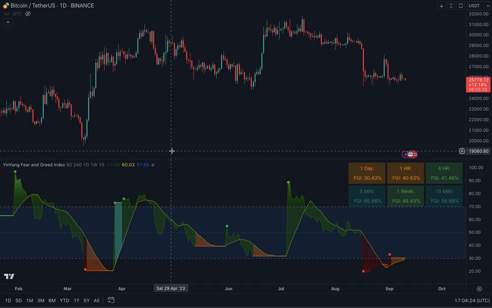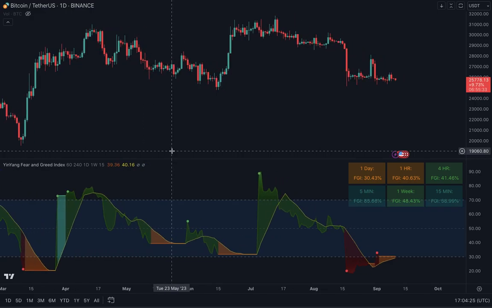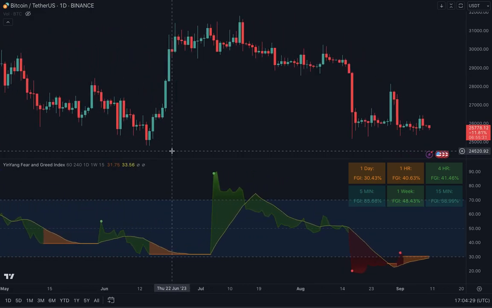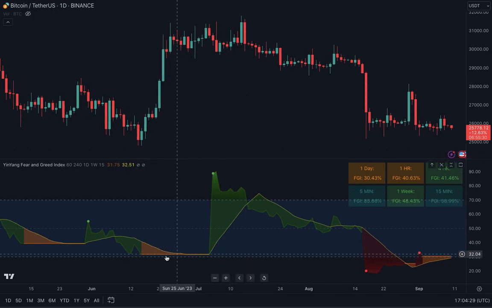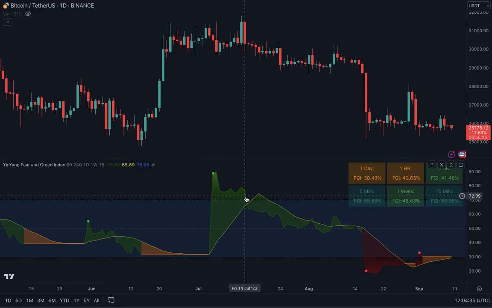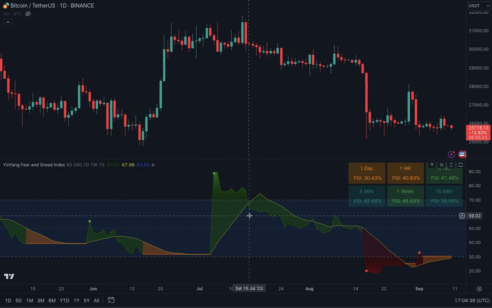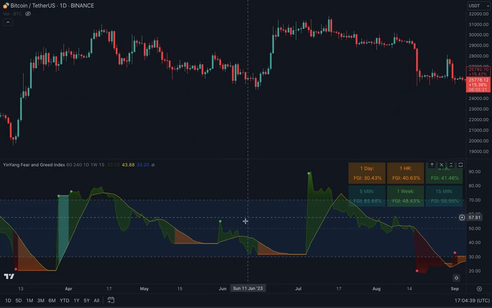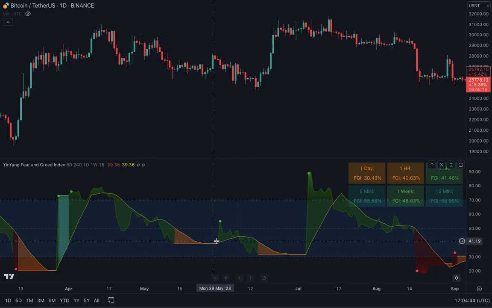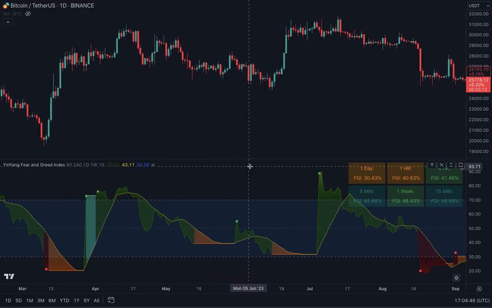Like with most oscillators, it is more bullish when it crosses over it, and bearish when it crosses under it. You can easily see if it's in a bullish or bearish state just by looking at it: this is bullish, that's bearish. Just crossed above, crossed under.